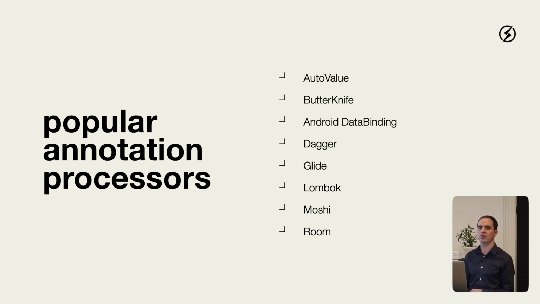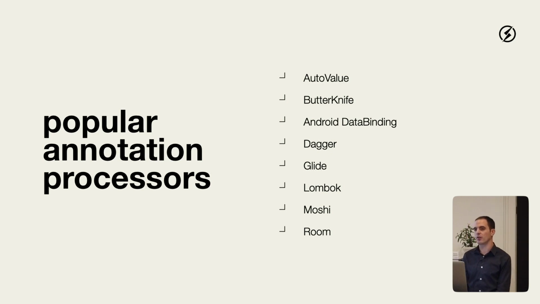Glide is an image loading library for Android, which has an annotation processor part. Lombok is a very well-known annotation processor in the Java world. However, this is an exception because this can actually modify your existing code. This is done by some magic and internal APIs are used, so this is not a really good example for annotation processors, but still, this is really widely used. Also, there is the Moshi library, which is a JSON parser for Kotlin and Java as well.